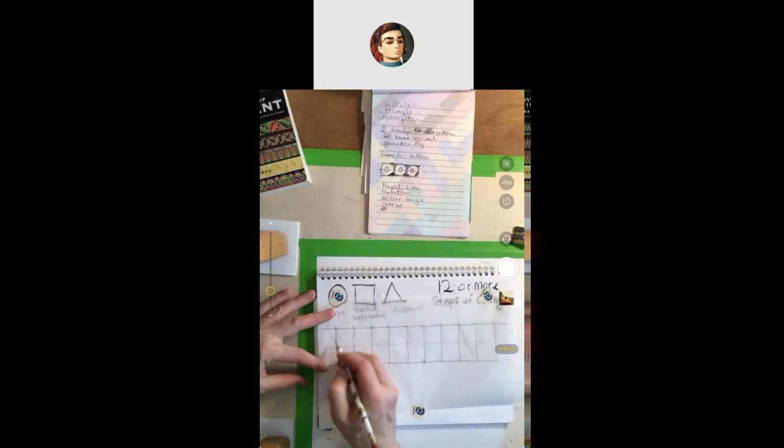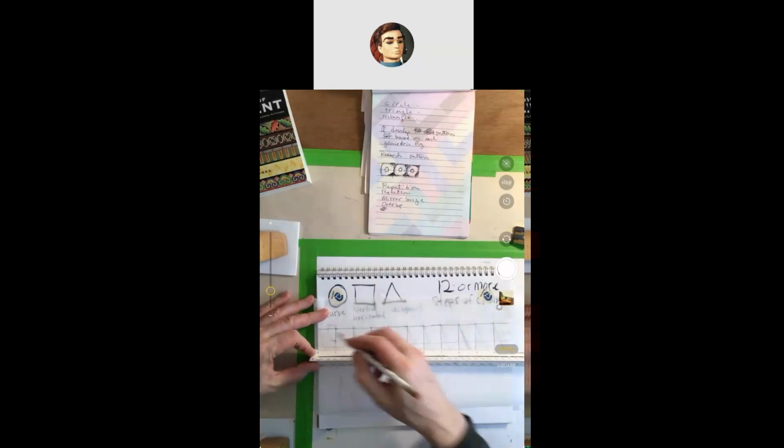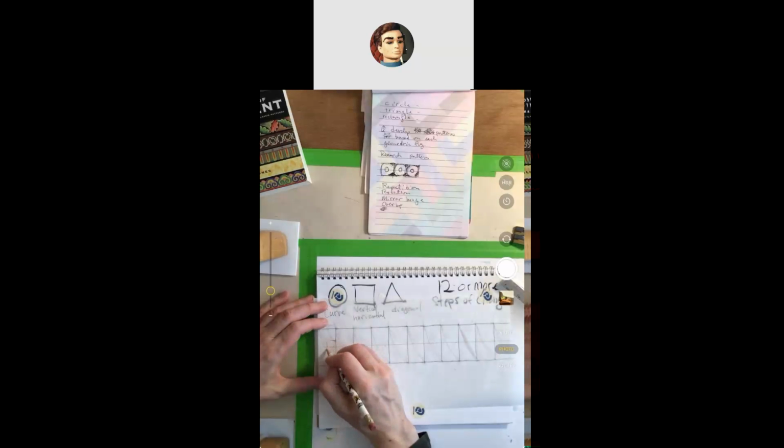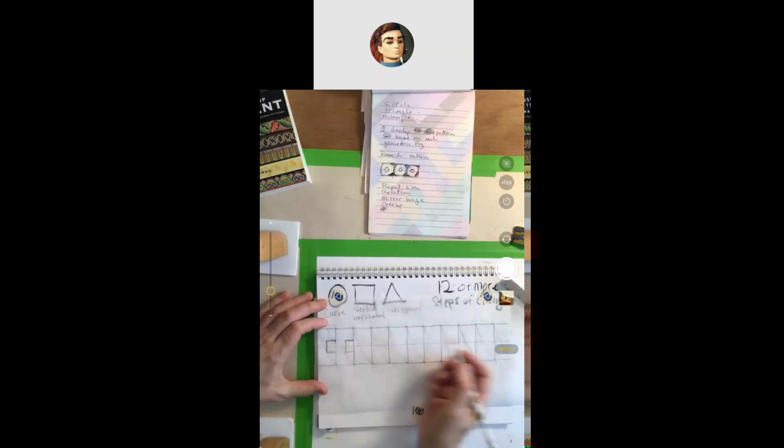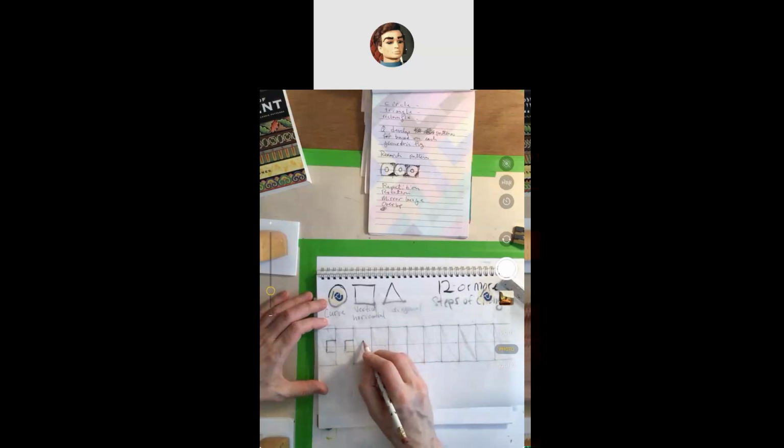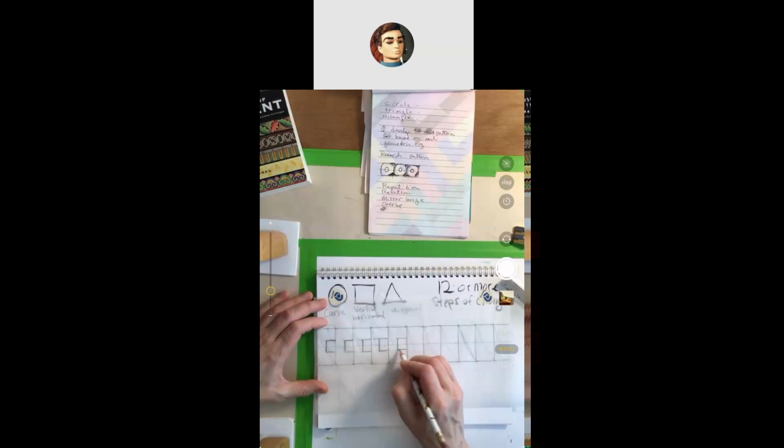I want to see this in the middle. So if I repeat a rectangle, and approximate in the middle, okay.